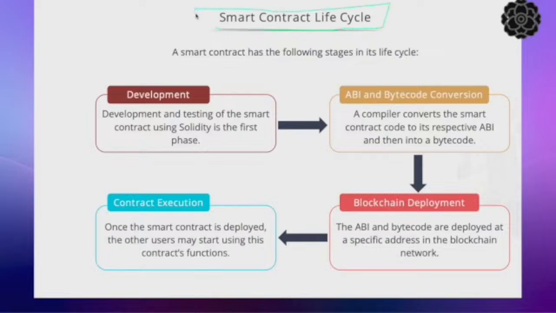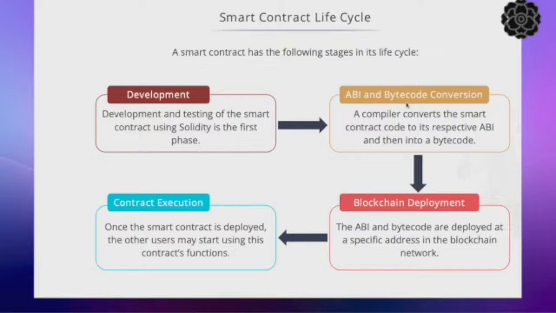So, the smart contract life cycle. In this case, first we are going to develop a smart contract. How are we going to develop that? Of course, we are going to use the Solidity language as we talked about earlier. Based on the development, we are going to compile our code in a compiler, and we will convert our smart contract Solidity code into bytecode. Bytecode here is very important.